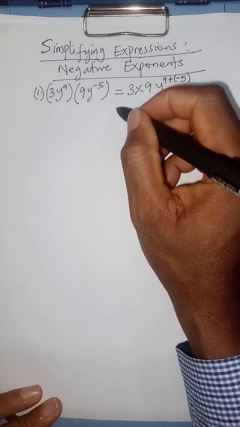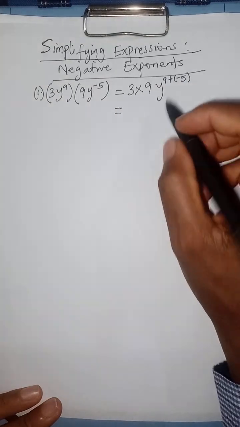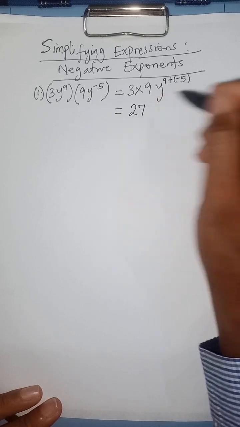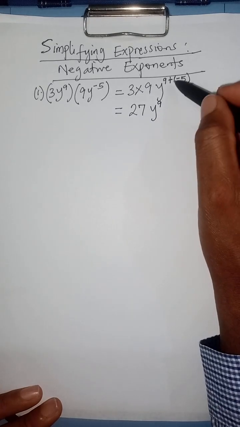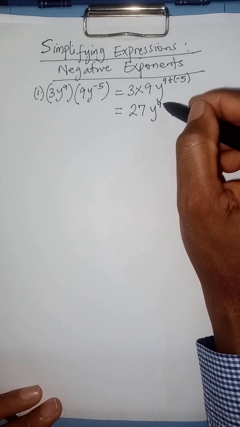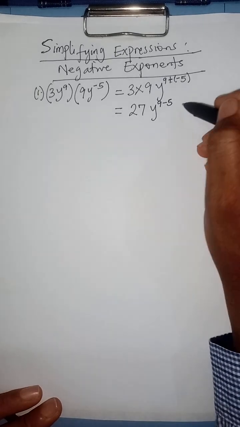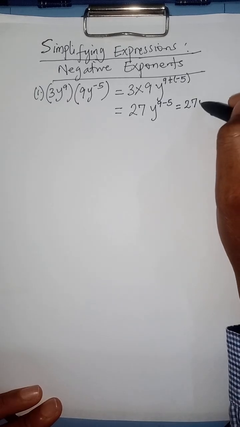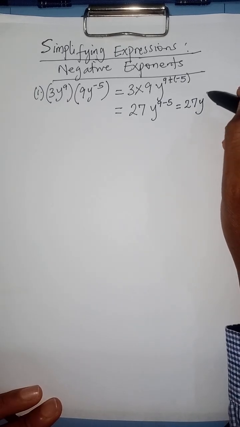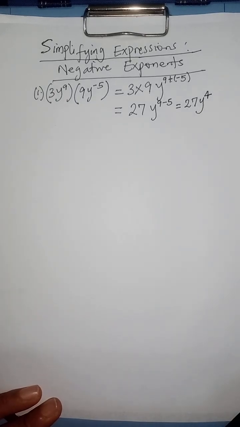This will give you 3 times 9 is 27, y raised to power 9, plus times minus is minus 5. And the final answer is 27, y raised to power 9 minus 5, it's 4. That is the answer to the question.